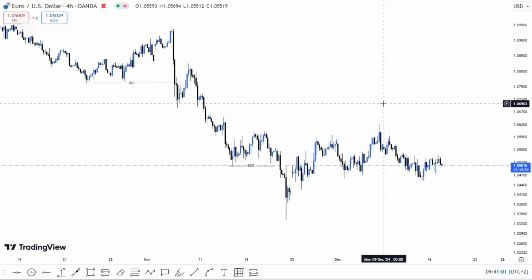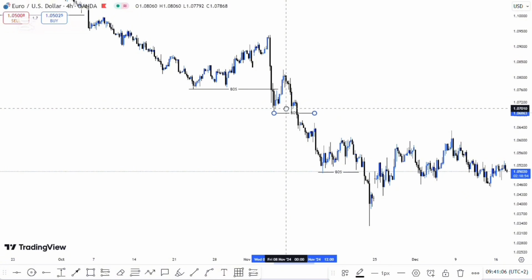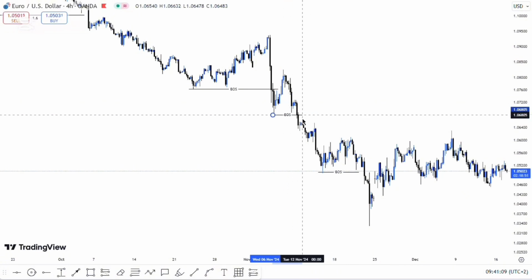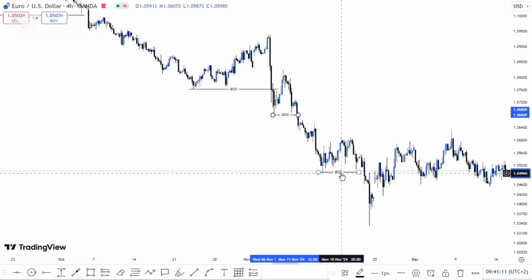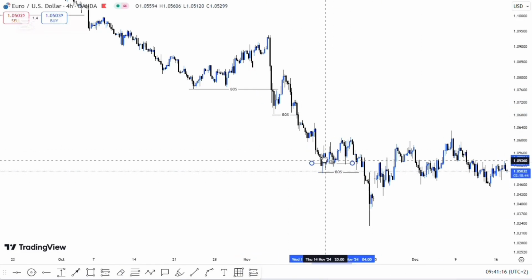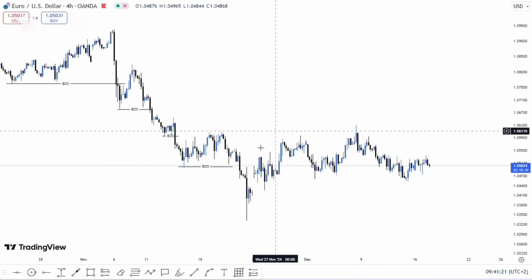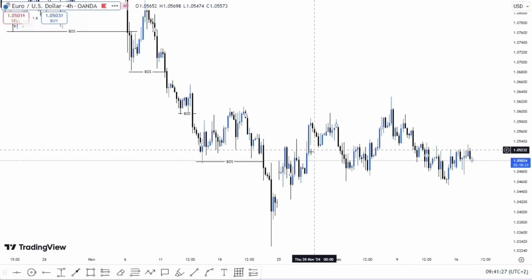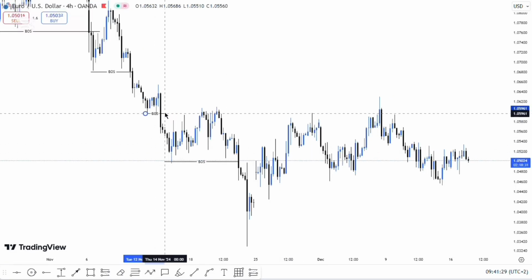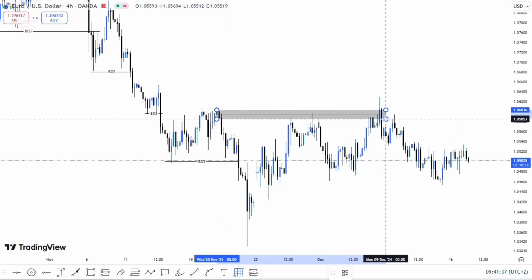So from the 4 hour, as you can see, these are the break of structures we have right here. At this point, the origin which caused the recent break of structure is this order block right here.